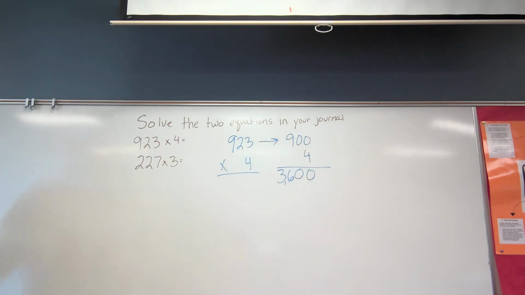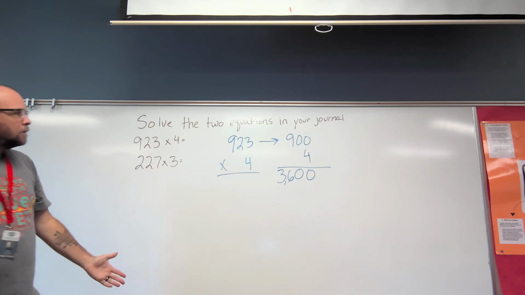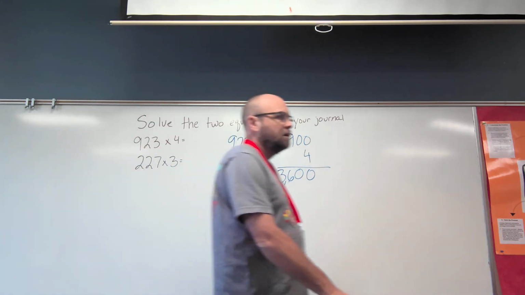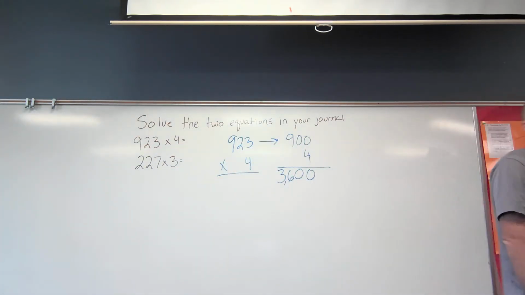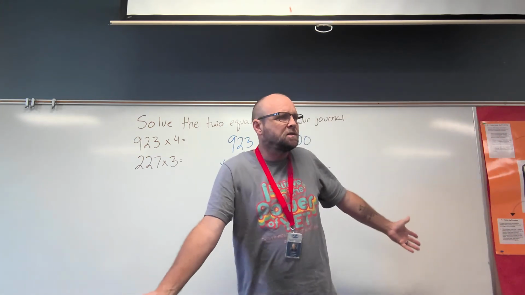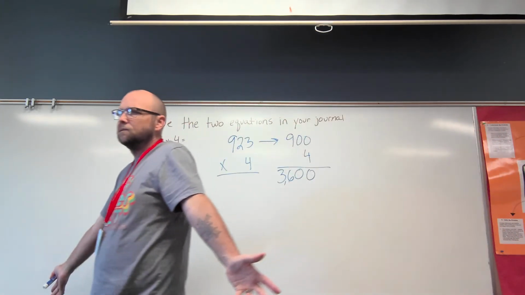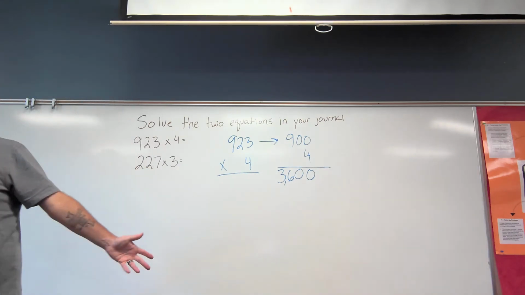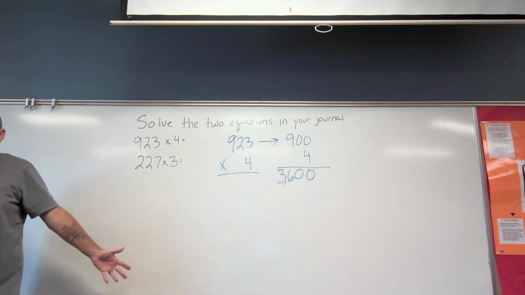So if the answer you have in your journal right now is not somewhere near 3,600, then you've probably made a mistake somewhere. And listen, we've said since the beginning, mistakes aren't bad. They're an opportunity to learn.